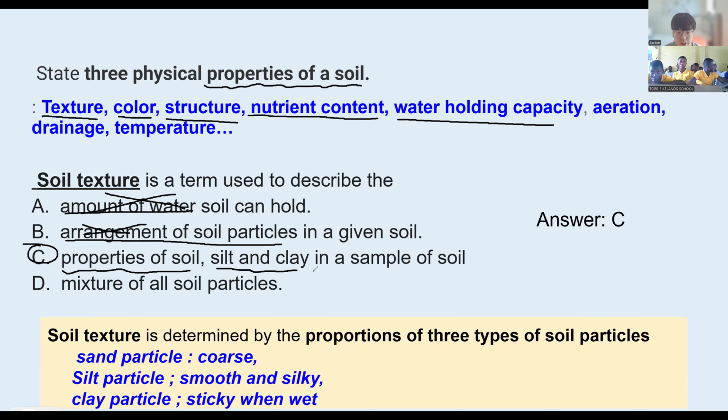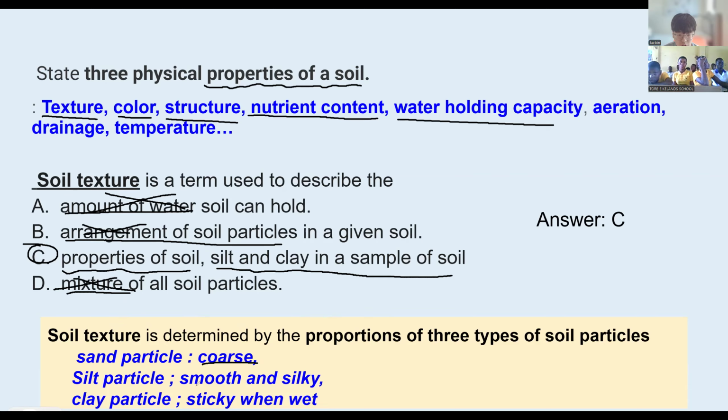Silt and clay is an example of a soil. Of course, it's a little broad, but it's definitely the case. And it is not a mixture of all soils. So soil texture is determined by proportions of three types of soil particles. Sand particles' texture is called coarse.